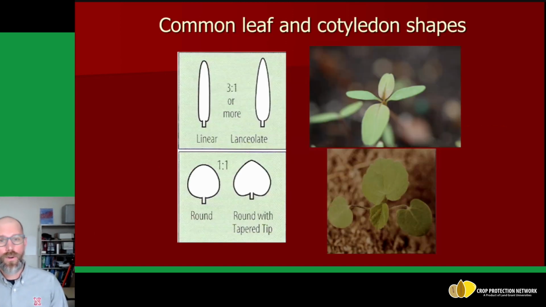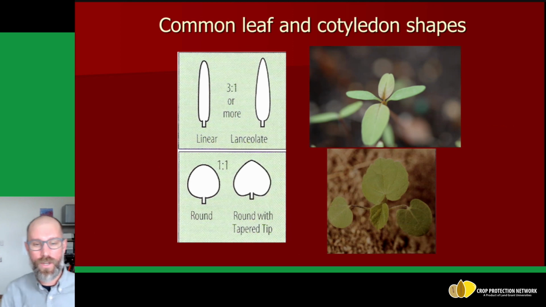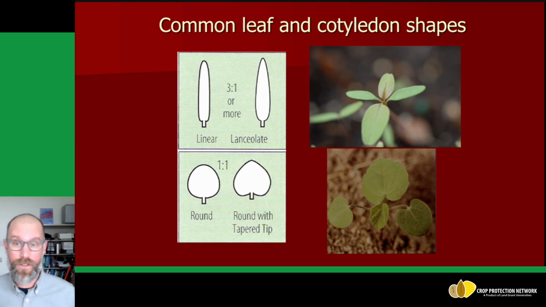So let me start here again with the cotyledon. I just mentioned that with soybean, but when we're talking about weed seedlings, the cotyledon can be one of the most useful things we have in terms of seedling identification. So a lot of broadleaf plants have distinct cotyledons or unique cotyledons, and that can help us differentiate different types of broadleaf plants.